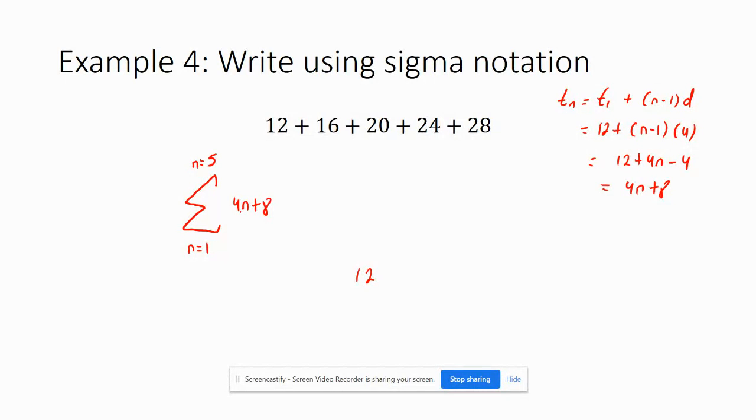N equals 2, 4 times 2 is 8, plus 8 is 16. When n equals 3, 4 times 3 is 12, plus 8 is 20. When n equals 4, 4 times 4 is 16, plus 8 is 24. 4 times 5 is 20, plus 8 is 28, and that's when n equals 5, which I stop. This is just verifying. You don't need to show this work, guys. This is all you would have needed to show for a question like this.